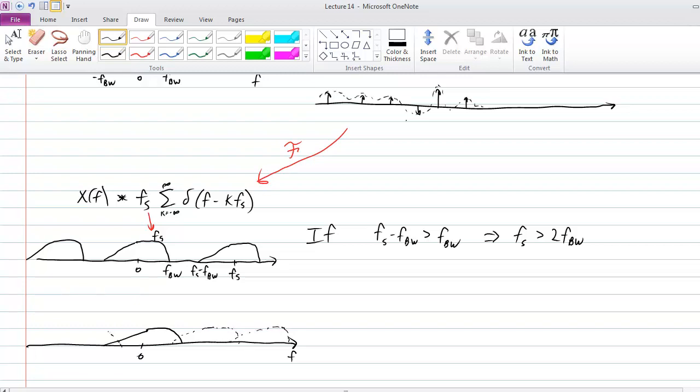And what happens with an overlap is these all get added together. So this is if fs is less than 2 times f bandwidth, then we can get overlap, and the result is that we get a sum here. So we would get something like this, and here it would add up.